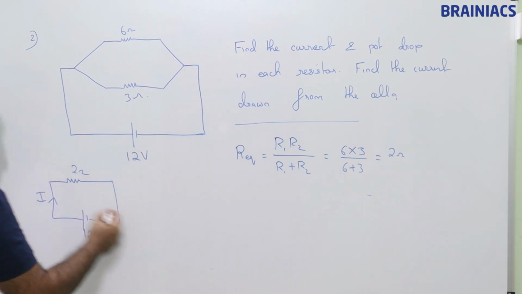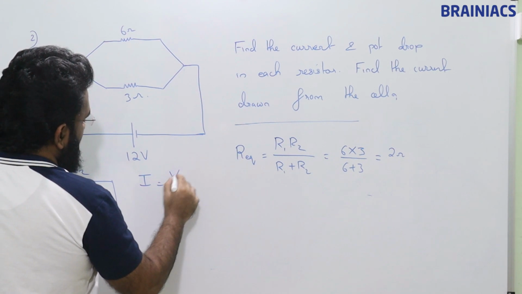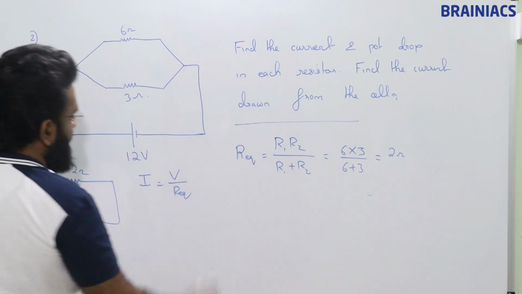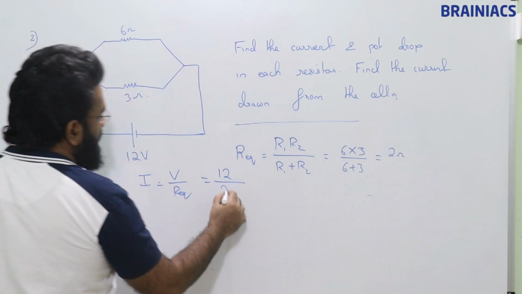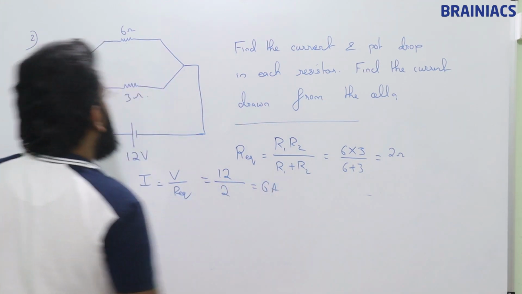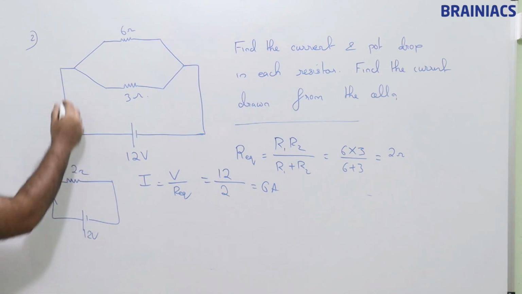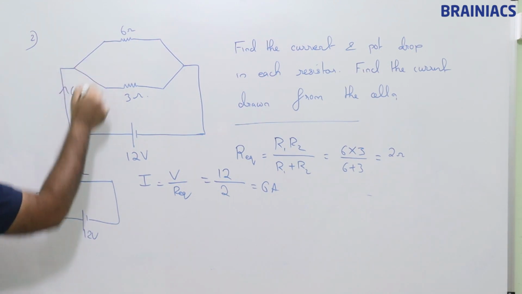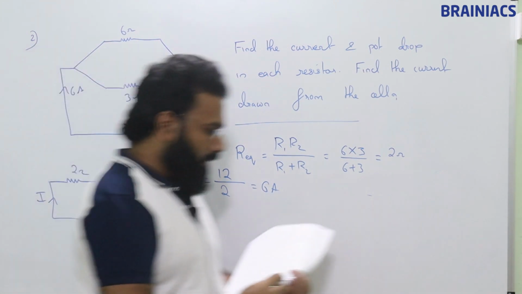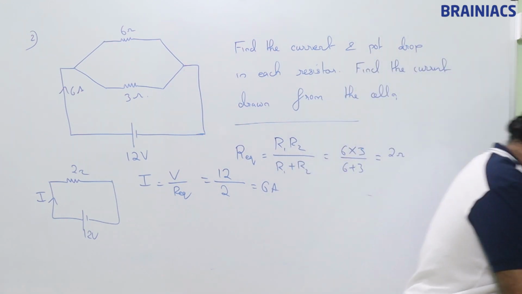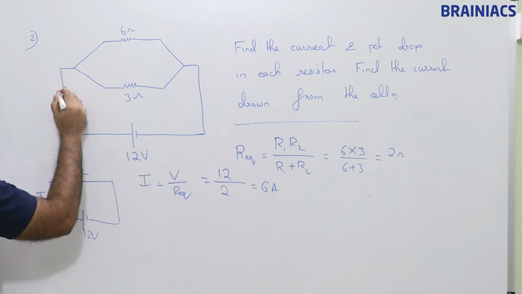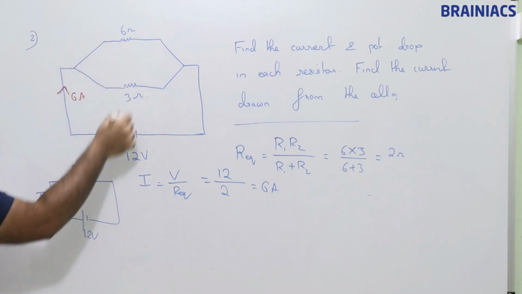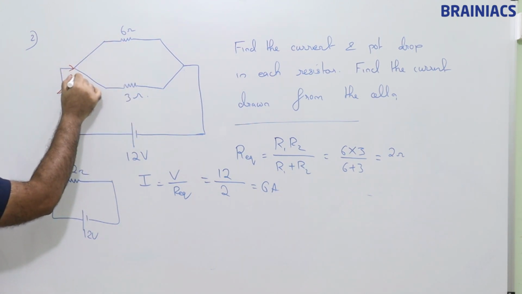Then what will be the current flowing through this? I is equal to V divided by R equivalent. So V is 12 divided by R equivalent, which is 2. This is going to be 6 ampere. So 6 ampere current will be flowing till this.